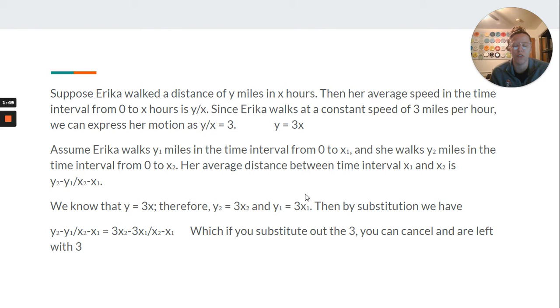Then, by substitution, we have y2 minus y1 over x2 minus x1 equals 3(x2 minus x1) over x2 minus x1, which you can cancel, and you get 3 equals y2 minus y1 over x2 minus x1.